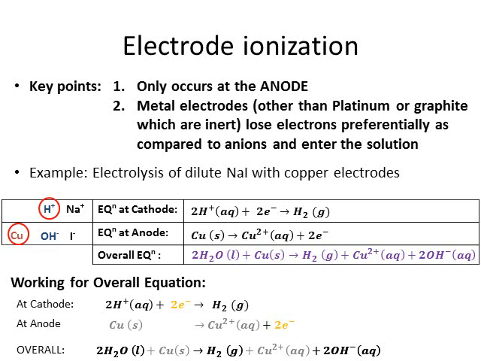Now since H plus is being discharged, leaving behind the OH minus, the solution also tends to be more alkaline. Some of you may want to ask, why can't I write Cu(OH)2? Yes, you can. If the Cu2 plus and the OH minus meet together, they will form Cu(OH)2, which is a solid, and then you form a blue precipitate. So those are the observations that you may get.